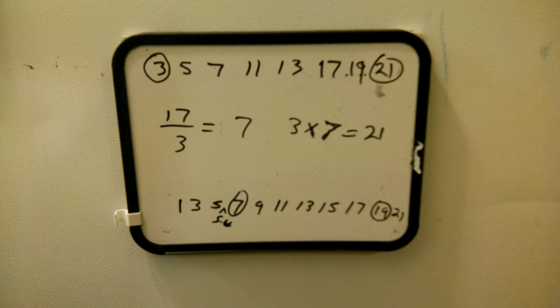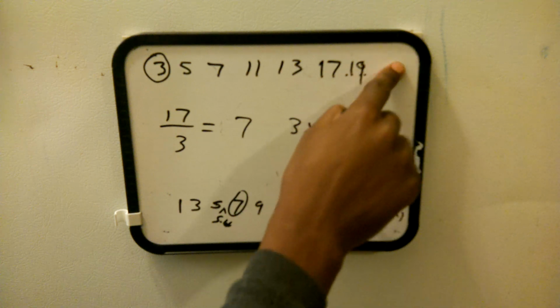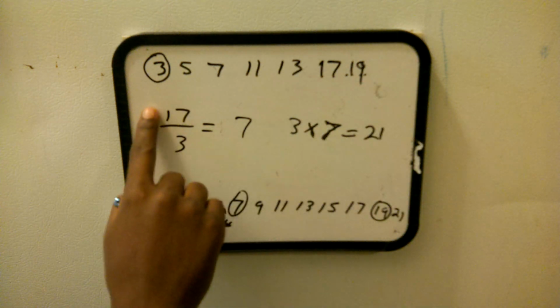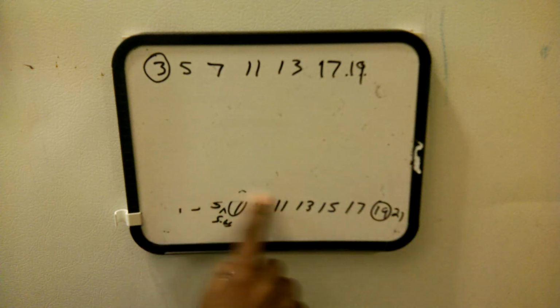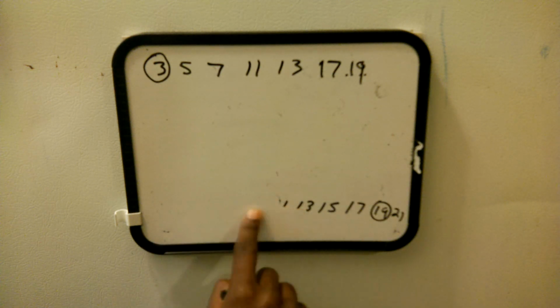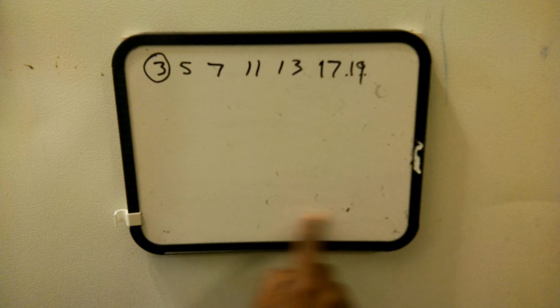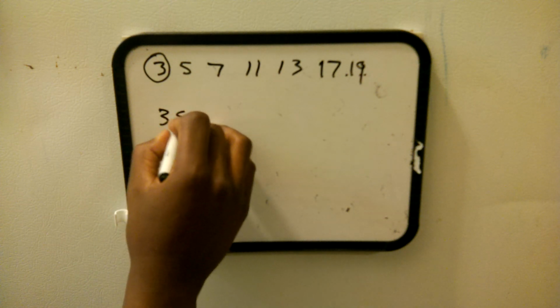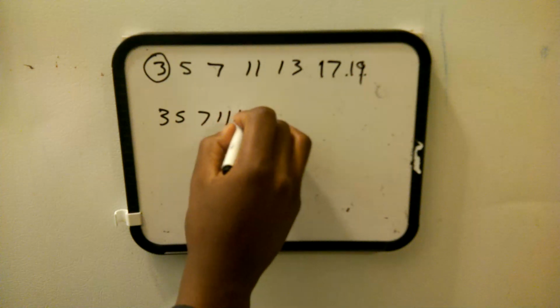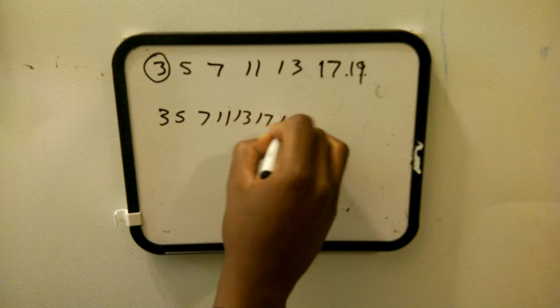Okay, well, let's try it again, just for all those who may be confused about this method. Since 19 is the next one, let's do another one. Okay, let's use 3, 5, 7, 11, 13, 17, 19.